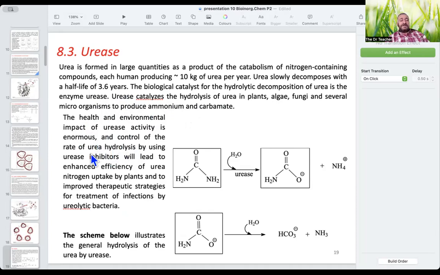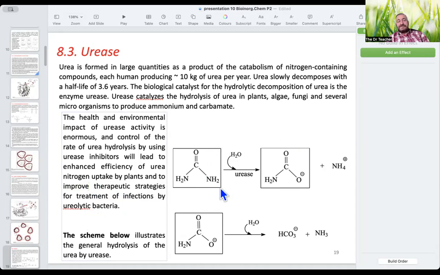And control of the rate of urea hydrolysis by using urease inhibitors will lead to enhanced efficiency of urea nitrogen uptake by plants and to improved therapeutic strategies for treatment of infection by ureolytic bacteria.